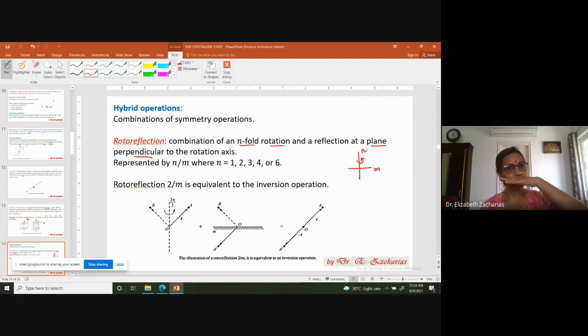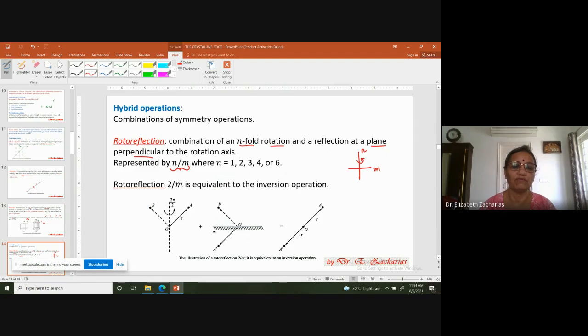Whenever a crystal has such a symmetry, you express it as N/M. N can take 1, 2, 3, 4, or 6, depending on your crystal structure. And M, whether it is M1, M2, you have to see the crystal and decide. But you give it as a combination this way, N/M.